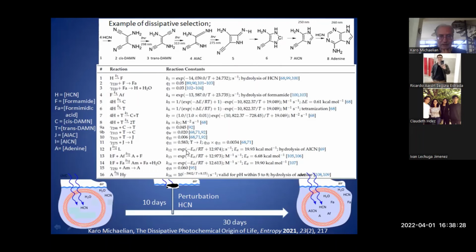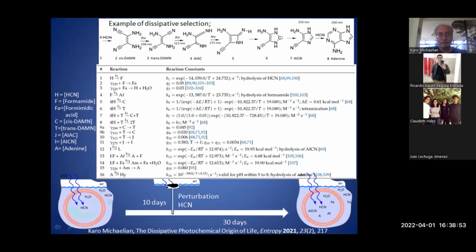The idea of the perturbation is to take the system from one stationary state to another stationary state. So in this case, we perturb the system by increasing the concentration of hydrogen cyanide in the environment to 0.1 molar from a value which is about 10 to the minus 4, 10 to the minus 5 molar. We increase it to 0.1 molar, 10 to the minus 1 molar.